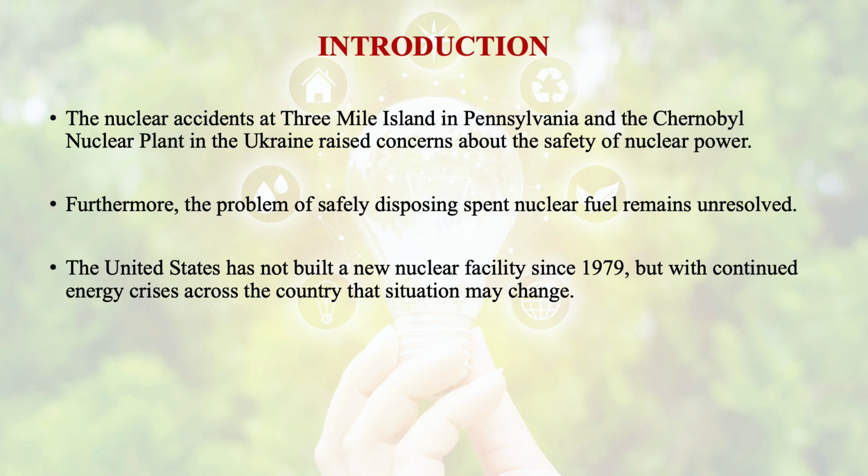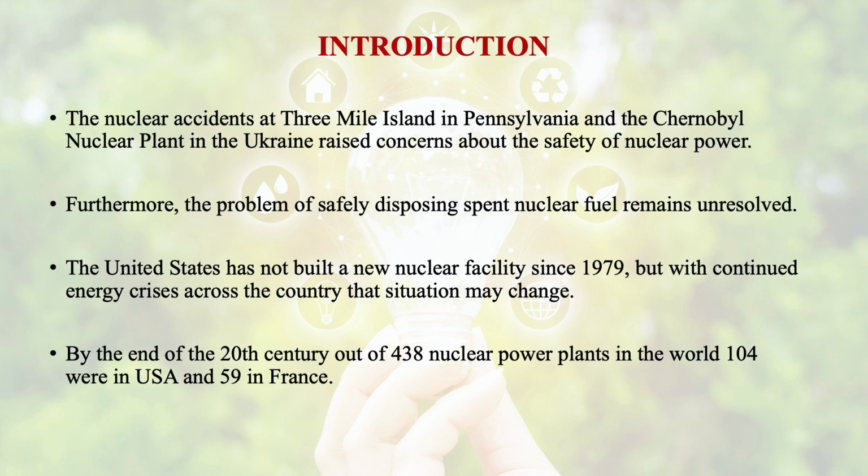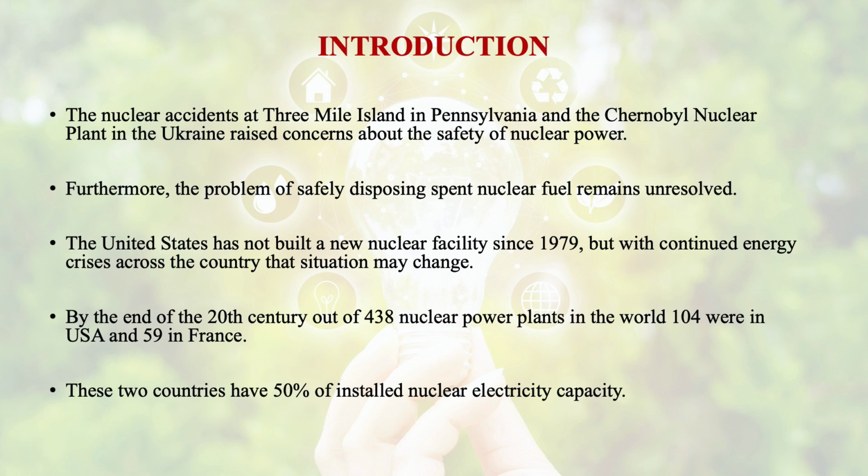The United States has not built a nuclear facility since 1979 because they have enough energy resources. But with the continued energy crisis across the country, that situation may change. By the end of the 20th century, out of 438 nuclear plants worldwide, 104 were in the USA and 59 in France. These two countries have installed 50% of the nuclear electricity capacity.